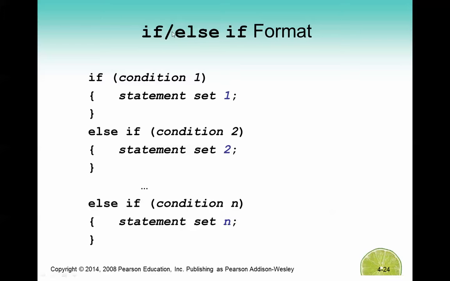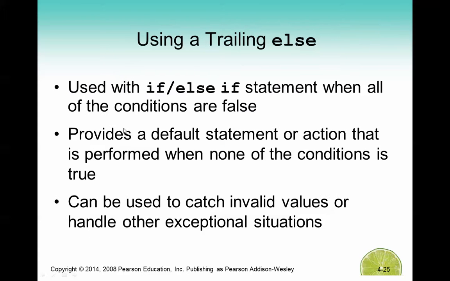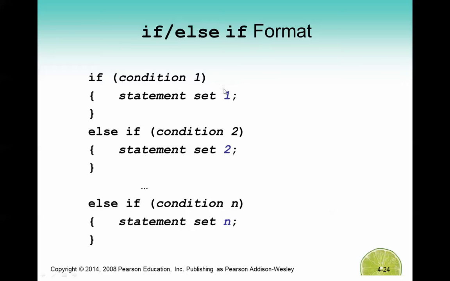So in this if-else if, we're going to have an if and an else, but with the else, we're going to have an if. When we're using this type of if, we have what is called a trailing else, which is, what if none of the conditions are true? So it's not sunny, I don't take the sunglasses. It's not rainy, I don't take the umbrella. It's not windy, I don't take the hat. So what do I do?